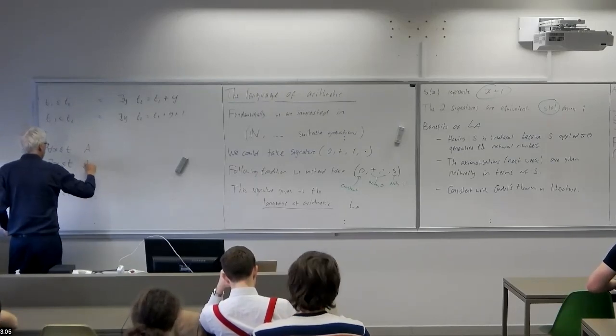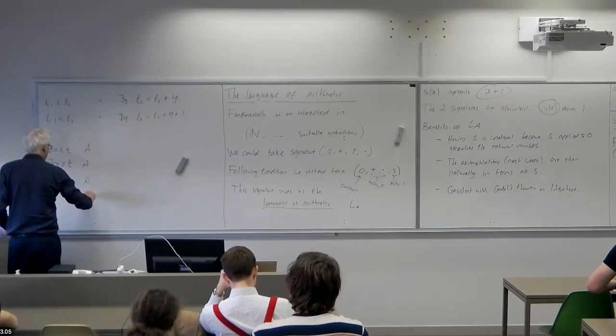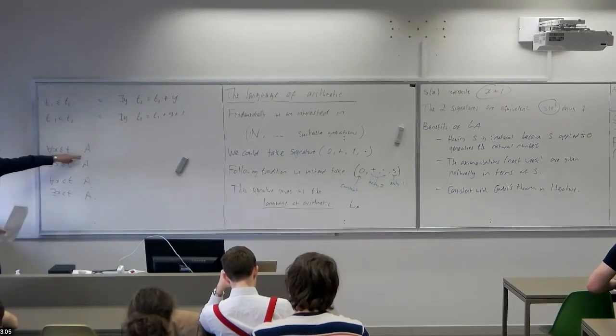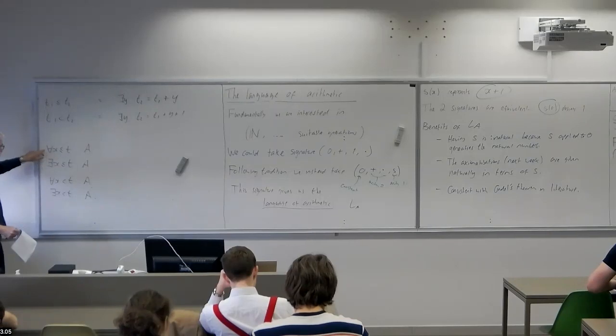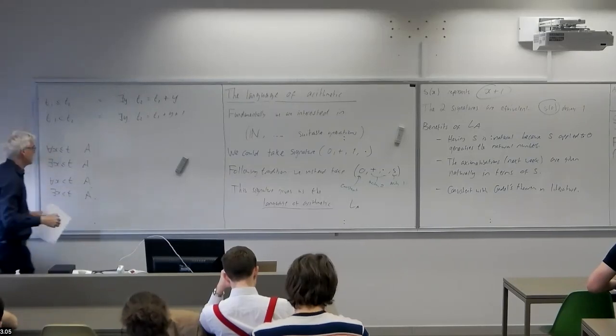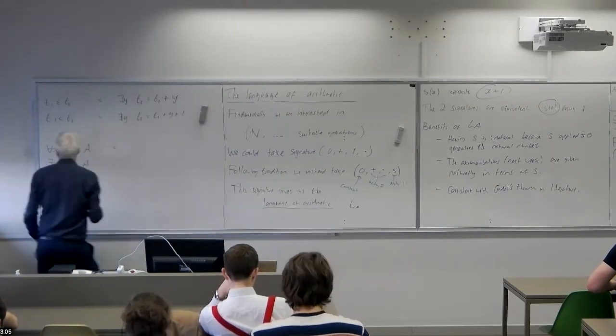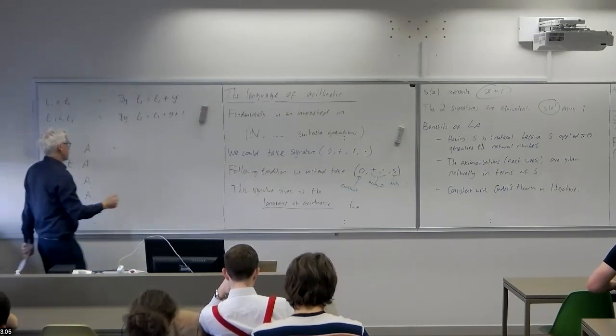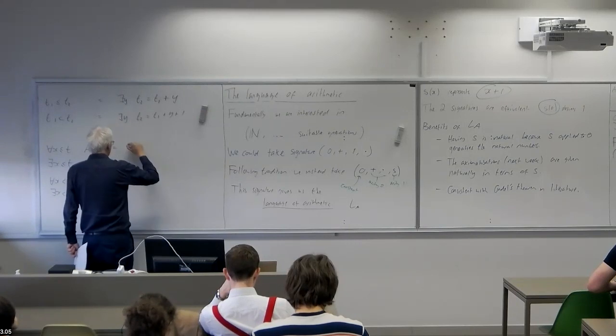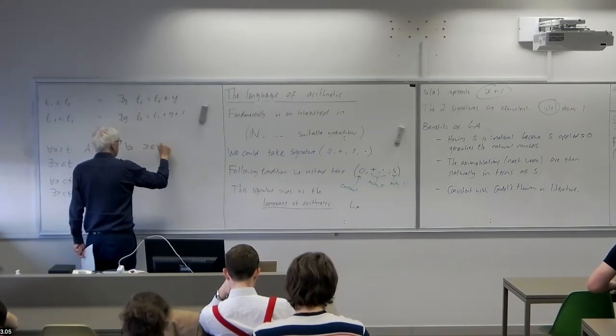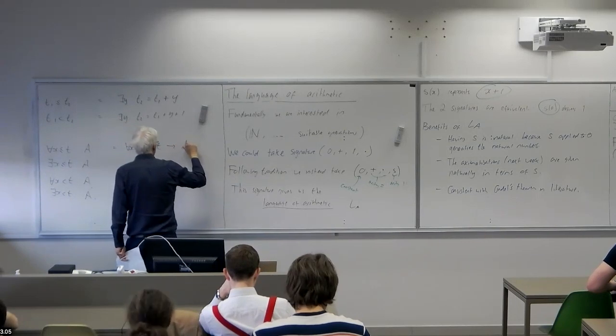So we've got some formula A on the right, and we're forming a more complex formula where we've got a bounded quantification in front. And it's not that hard to see how to define this. For all x less than or equal to t, A holds is simply saying for all x, if x is less than or equal to t, then A holds.